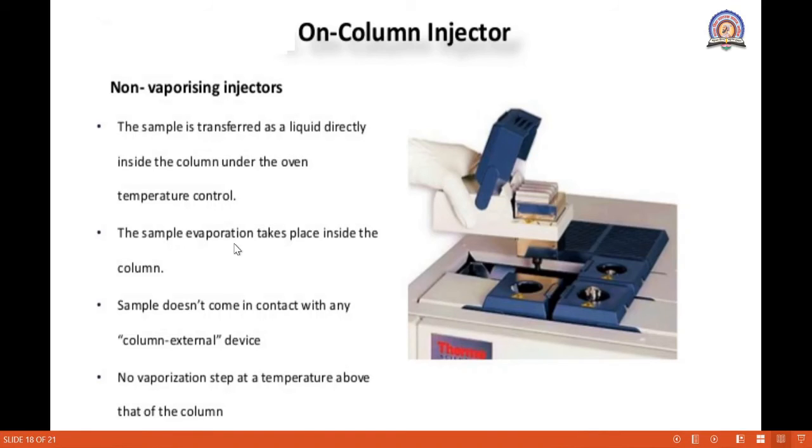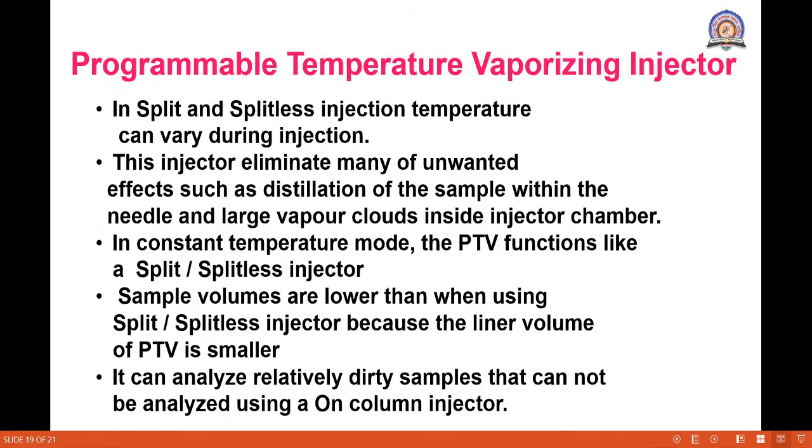The sample evaporation takes place inside the column due to that oven temperature, and the sample does not come in contact with any column external device. No vaporization step at a temperature above that of the column. Okay, so this is nothing but the on column injector.